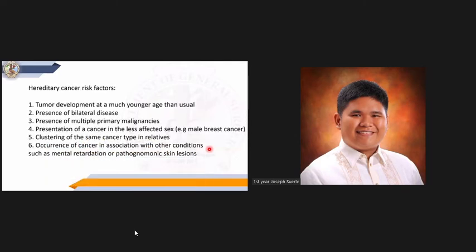So hereditary cancer risk factors. If the tumor development is at a much younger age than usual, there's presence of bilateral disease, multiple primary malignancies, presentation of cancer in the less affected sex, clustering of the same cancer type in relatives, or occurrence of cancer in association with other conditions.